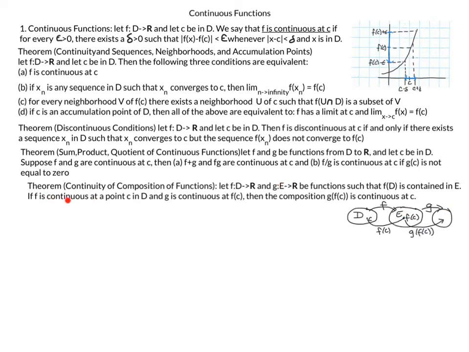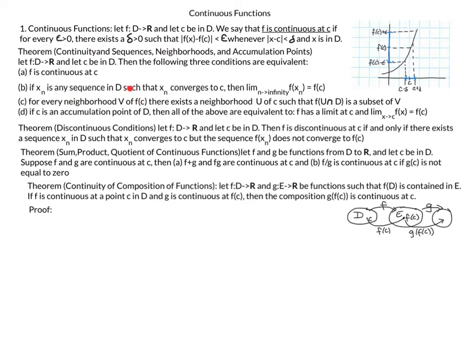We said that f is continuous at point c, so it maps over here to f(c), and g is continuous at f(c), so it's continuous here and it maps. So we have our function composition g(f(c)). And by our theorem, because f and g are continuous, we expect this g(f(c)) to also be continuous. What we're going to use for this proof is the part of the theorem that relates continuity to neighborhoods.